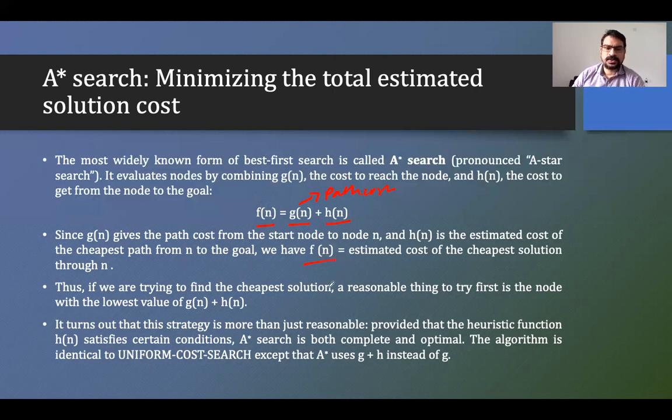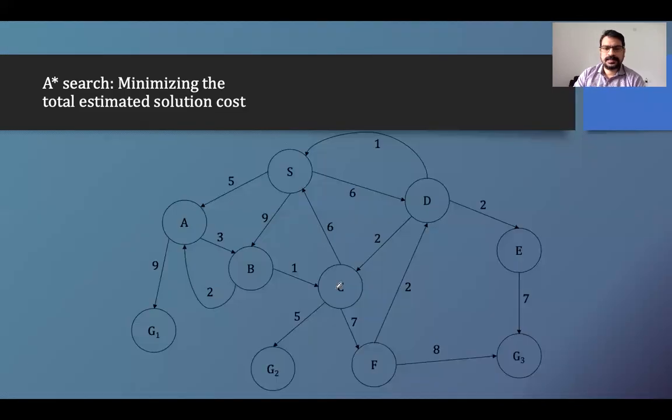Okay. So this is the problem that we have seen in the uniform cost search. What happened here is we used to calculate the path cost, and based on the path cost, we decide which particular node has to be explored next in the uniform cost search.